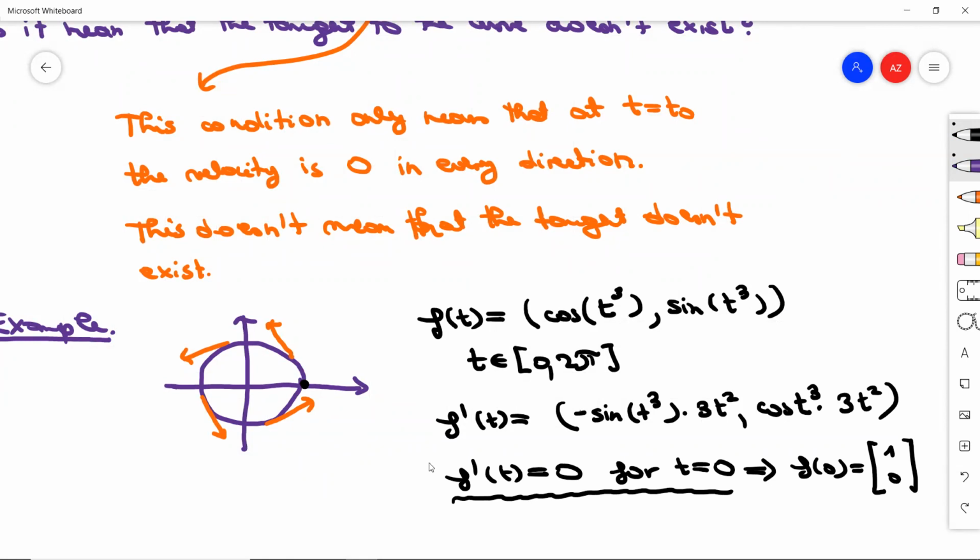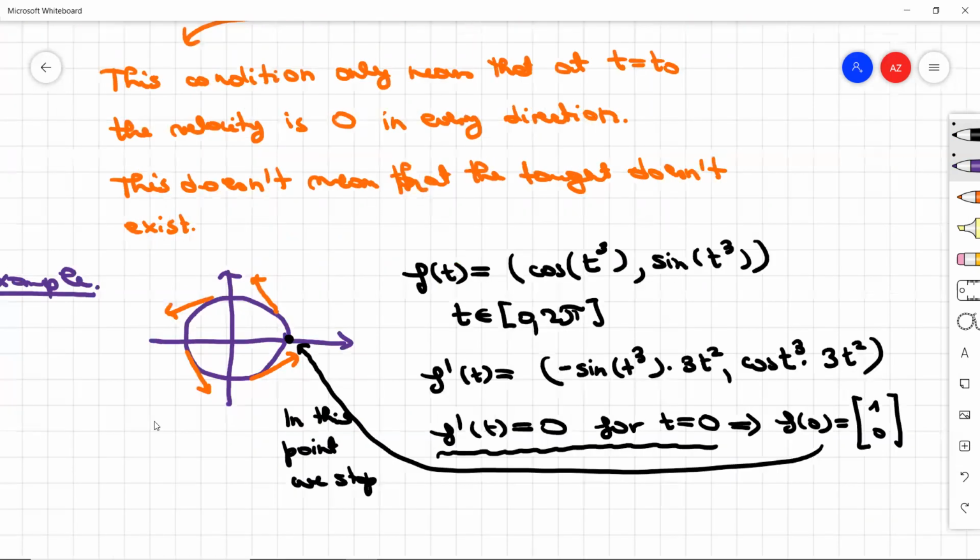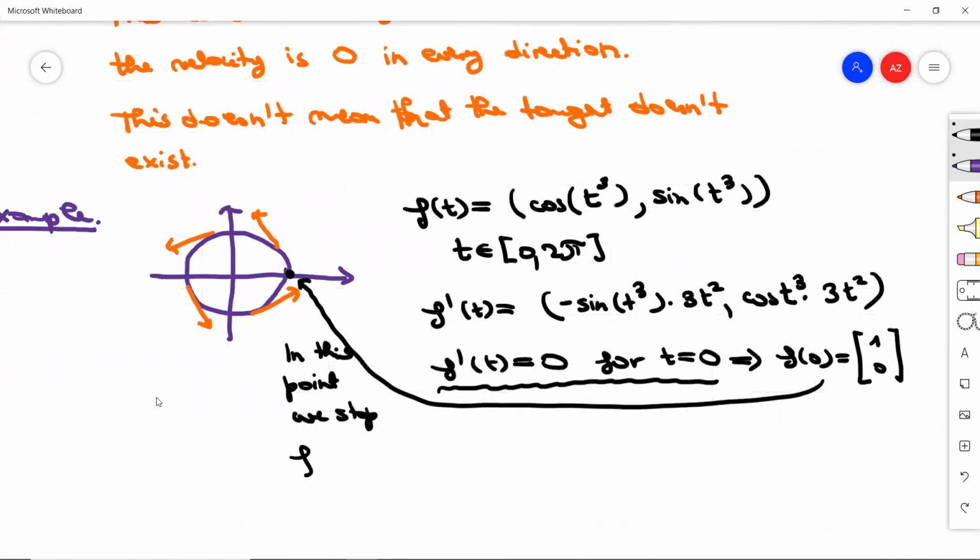So this means that in this point we stop for a moment. The speed in both directions is 0.